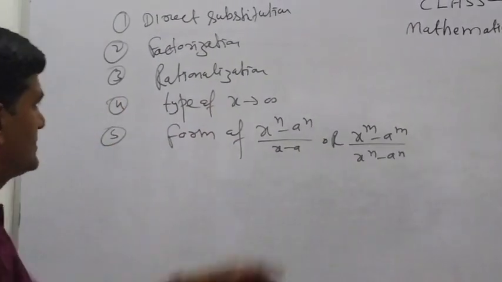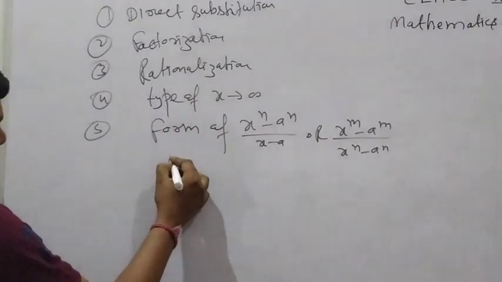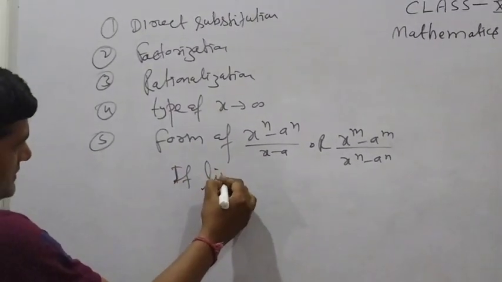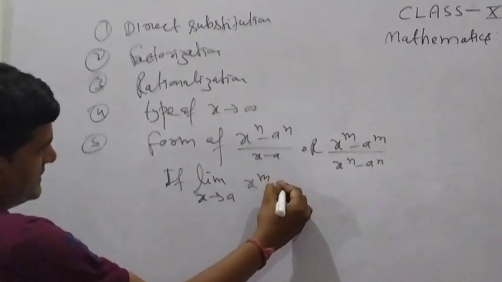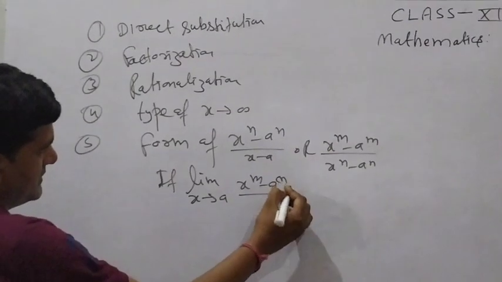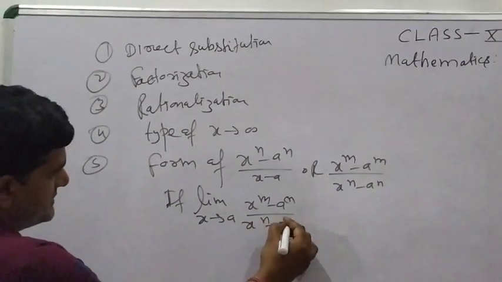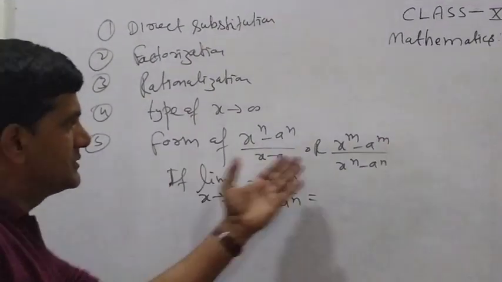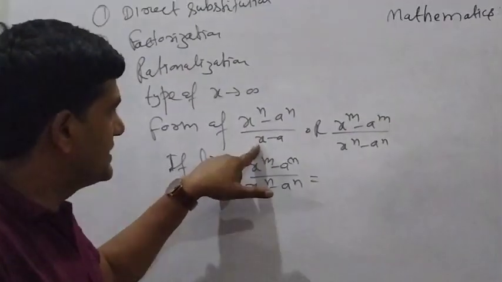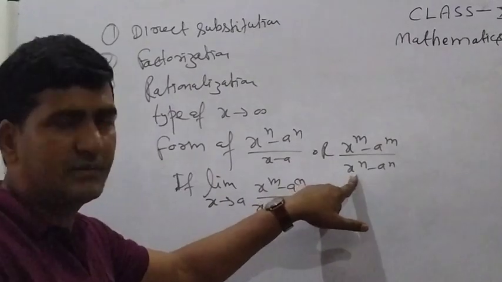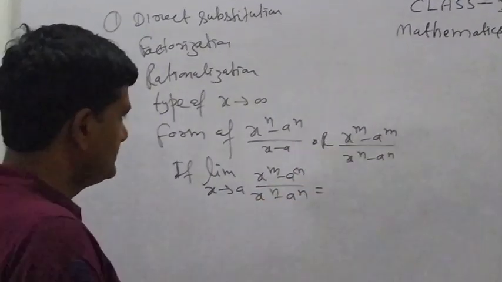I will tell this formula also right after here. If limit x tends to a, x power m minus a power m upon x power n minus a power n. Clear? Here both are the same, only here the denominator power of x is 1, and here the denominator power of x is n.